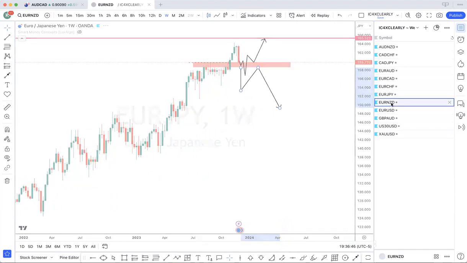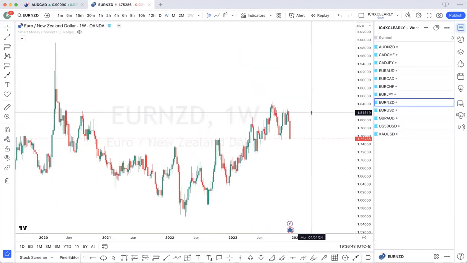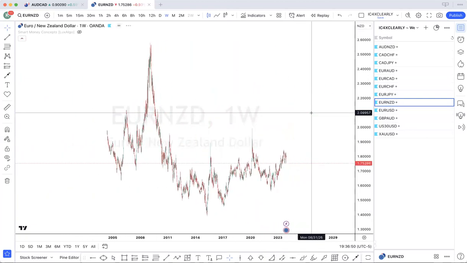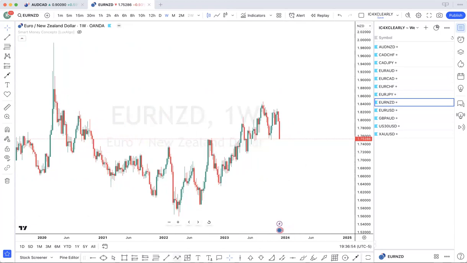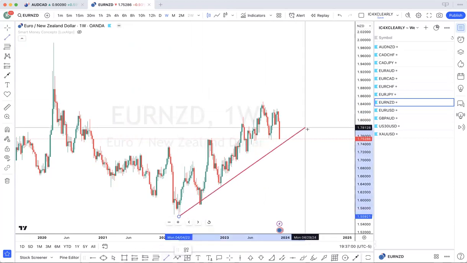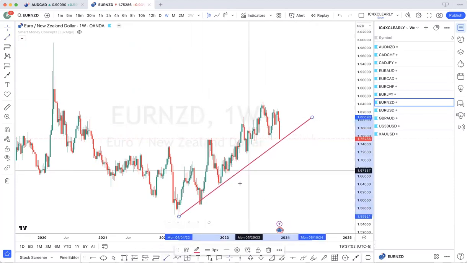Okay. Euro NZD. Looking like it has broken. So this is actually your swing low here.